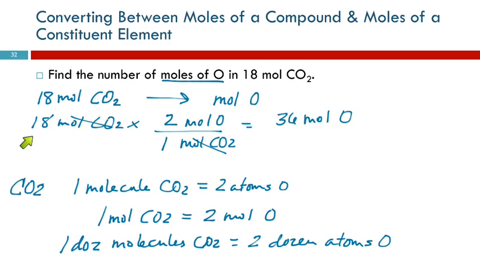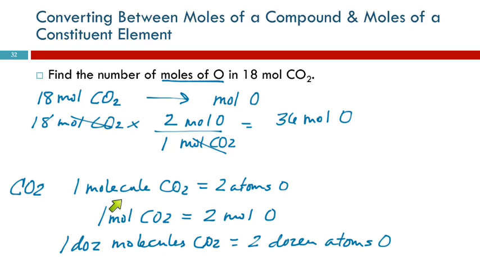Now this one's tricky. 18 moles of CO2, is that exact? No. Because how would we find 18 moles of carbon dioxide? Would we count out? No. It can't be counted because that's a huge number of things, right?